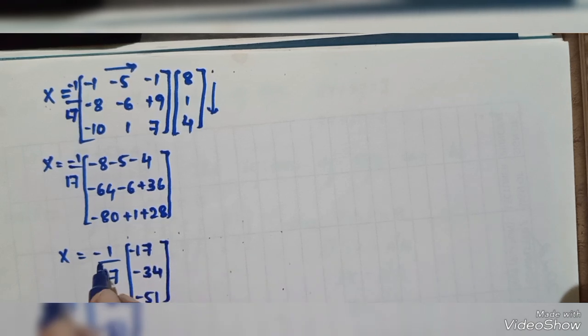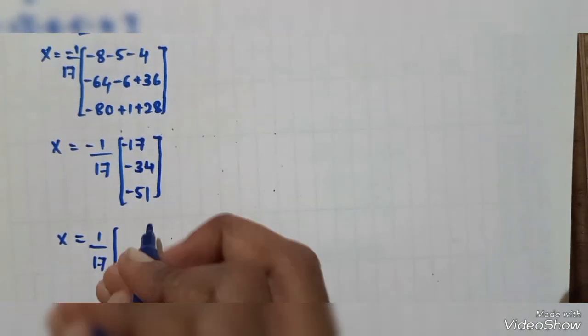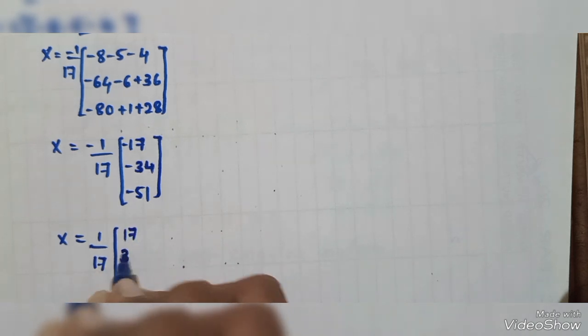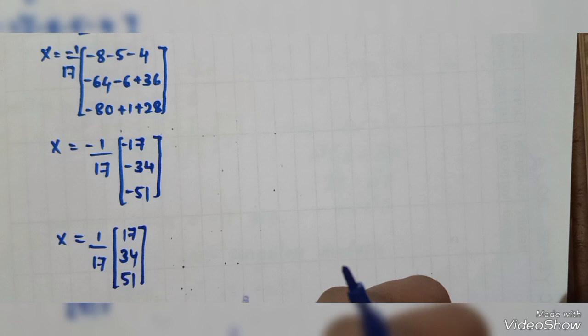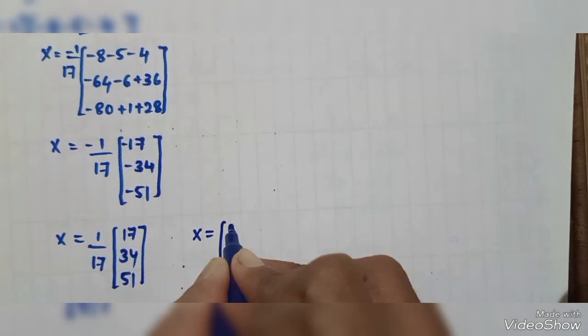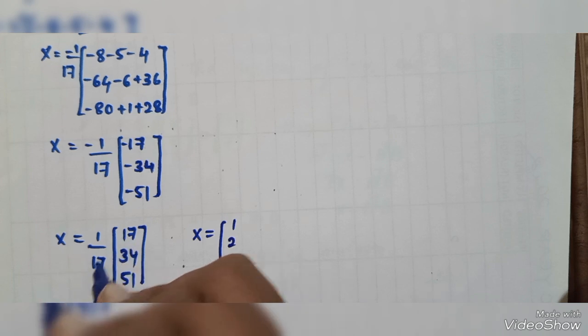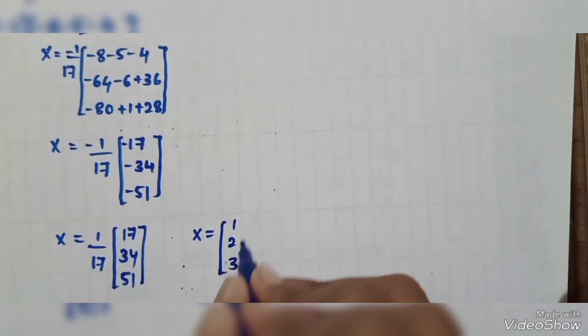Now multiply the minus on each, we get 1 by 17 into 17, 34, 51. Okay, directly multiplying each by 17, we get the x matrix: 1s are 17, 2s are 34, 3s are 51.